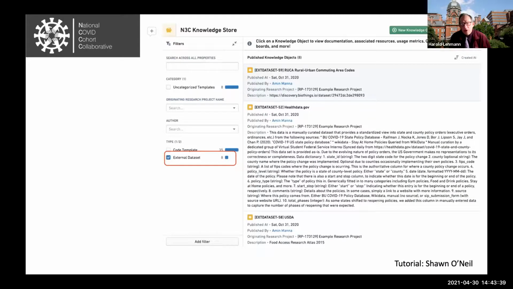I'm not sure how much you got to see of the enclave itself so far, but I mentioned concept sets before. These are where concept codes from OMOP are assembled to mean the same thing. But we also have what's called a knowledge store, where more complicated things are made available to researchers. Sometimes there are cohort definitions, what does it mean to have COVID?